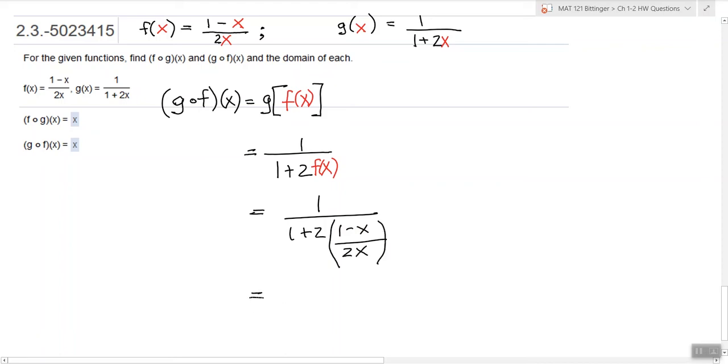And I'm going to have to simplify the denominator, so that's 1 all divided by, I'm going to write it like this, 1 plus 2 times 1 minus x all over 2 times x.